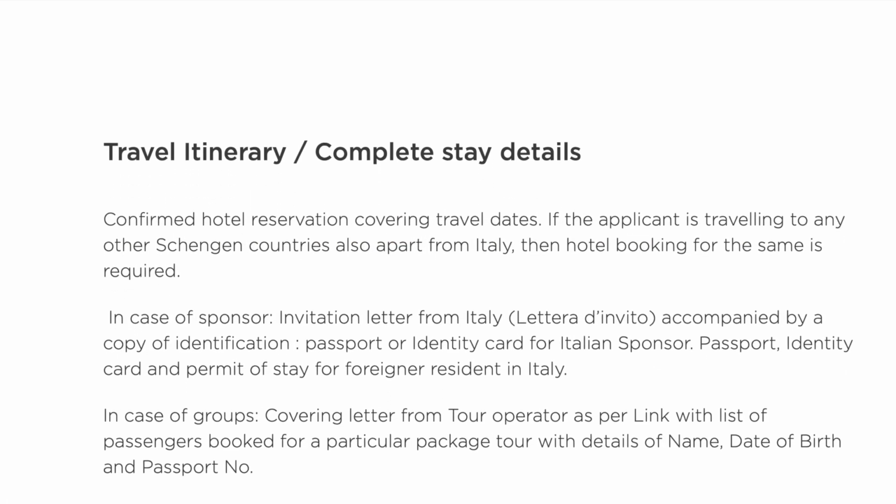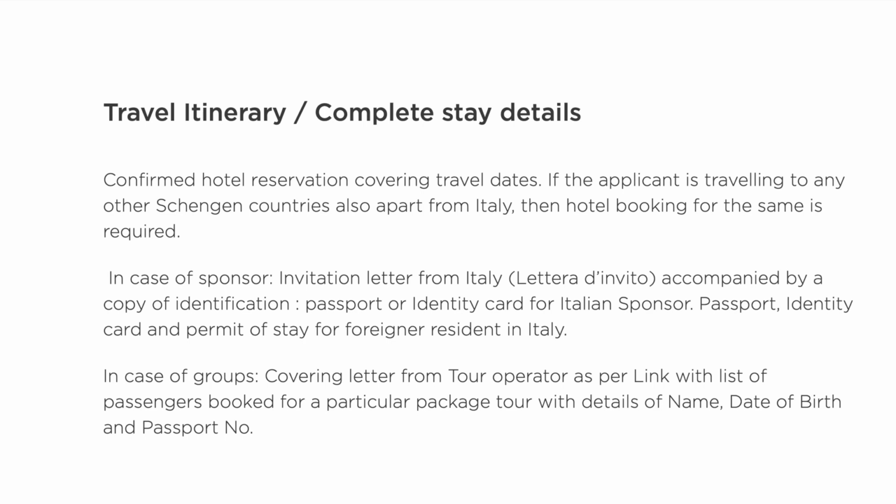Travel itinerary or complete stay details. Let's say if you are staying in hotels for all your vacation, then you need to submit the hard copies of the reservation confirmation from all the hotels. If you have a sponsorship, then submit an invitation letter from the sponsor. But if you're traveling in groups with a tour company, then your tour company will give you some documentation.